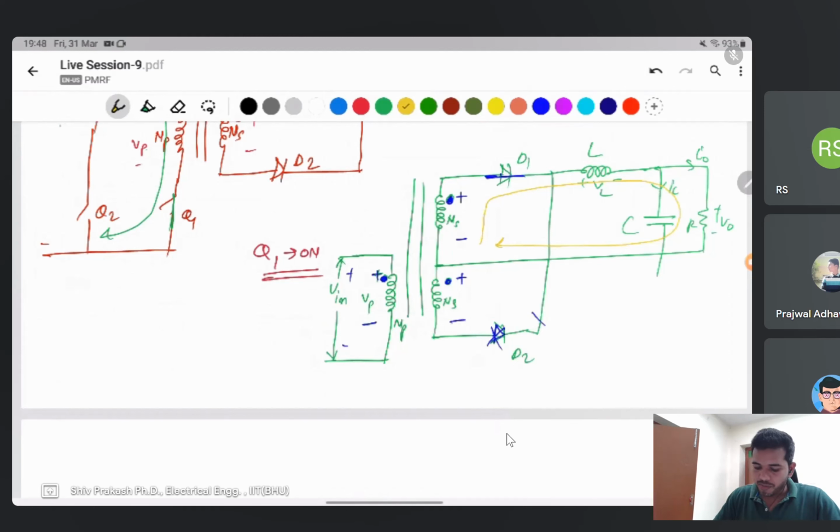After that, both switches are off. Q1 and Q2 are off, so it is in off condition like that. Current does not flow here, I is equal to 0, and at that time the secondary side winding behaves like an impedance only. Both impedances will be the same.